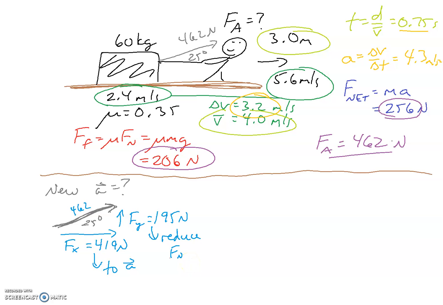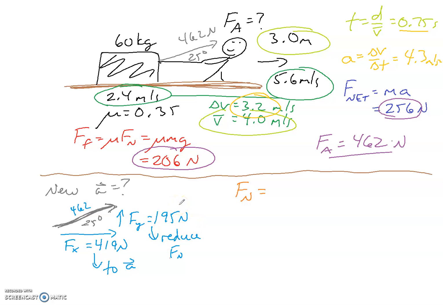Alright, so if I want my friction, the first thing I need is my Fn. Now when the box was just sitting on the ground and he's pulling sideways, Fn was just my mg. But now, since he's pulling up a little bit, we're going to have to subtract what he's pulling up with.